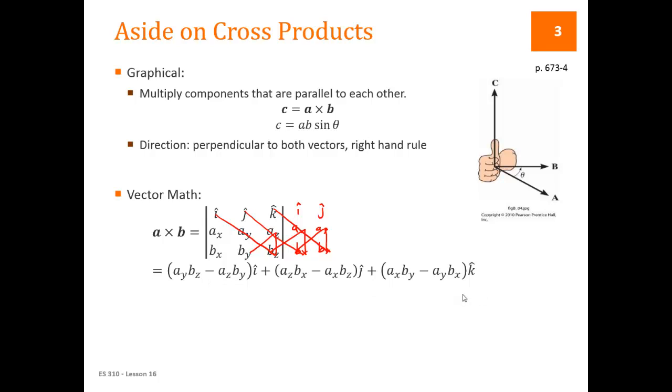That gives us our vector notation version of our cross product. Notice the cross product results in a vector, right? So we still have i hat, j hat, and k hat components to this vector. What we have up here, this is the magnitude of it, right? And our direction is then given by the right-hand rule over here.